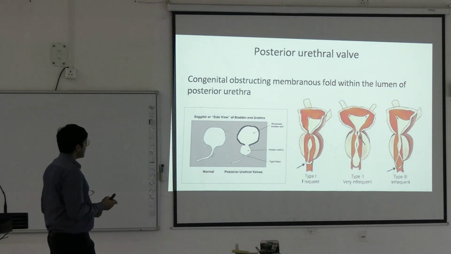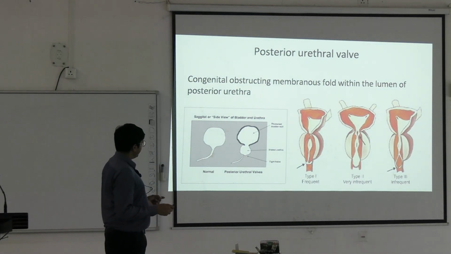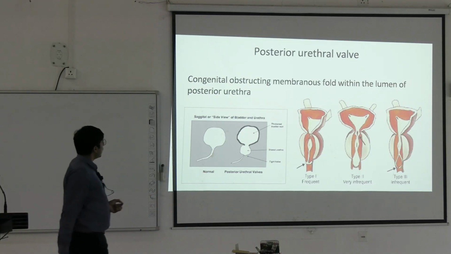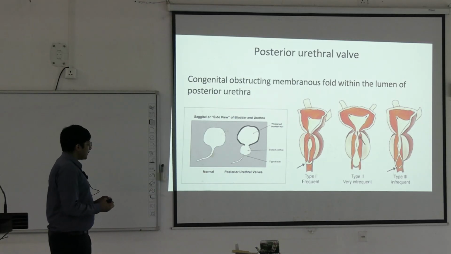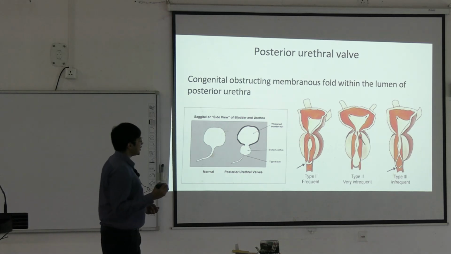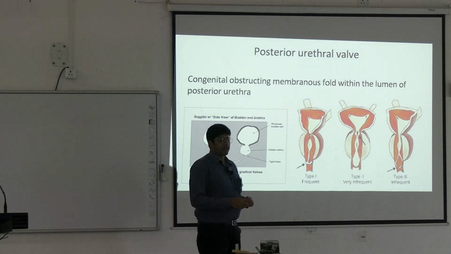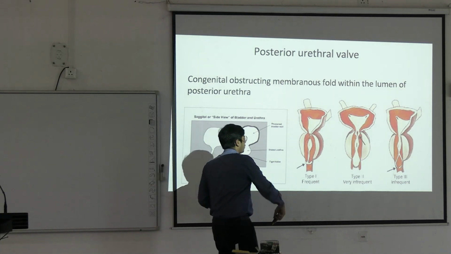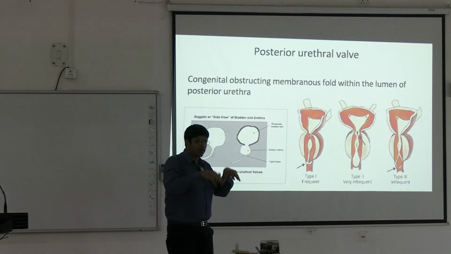So what happens is it is a membranous fold within the lumen of the posterior urethra. As you can see, I don't know whether you can understand this picture. This is the picture of the bladder and the urethra cut open from the front and we are viewing from the top.